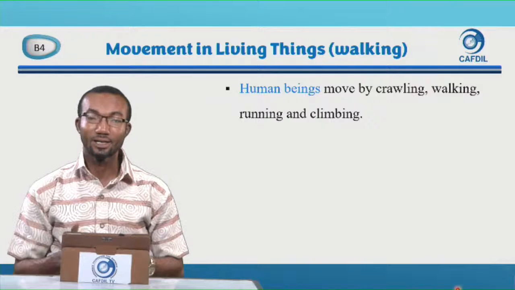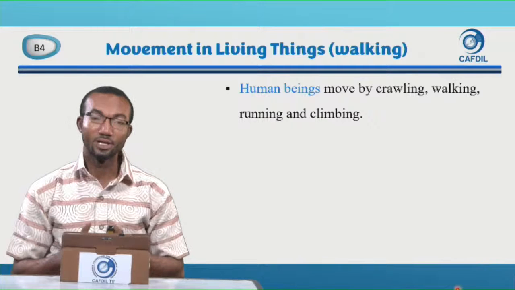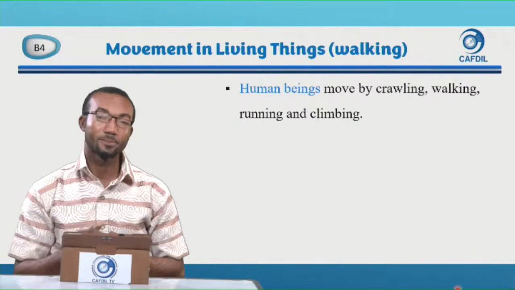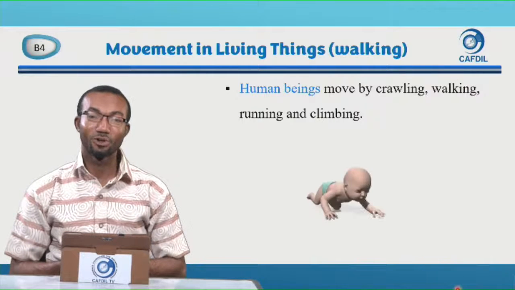These are kinds of movements made by living things, especially humans. So we move by crawling. When you are born as a baby, you crawl on all your 4 limbs like this. So it's a kind of movement.